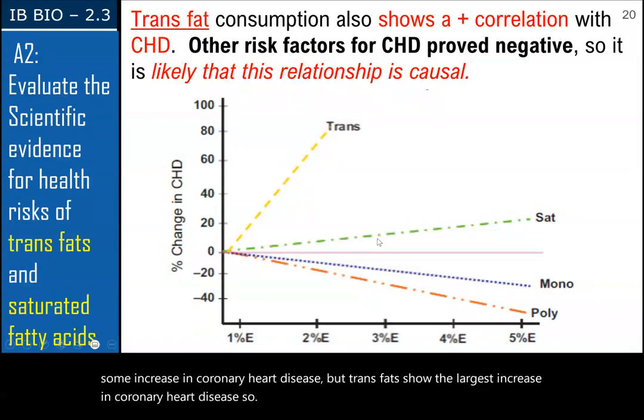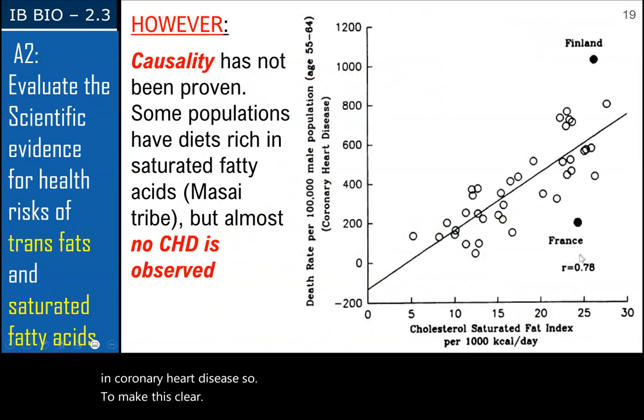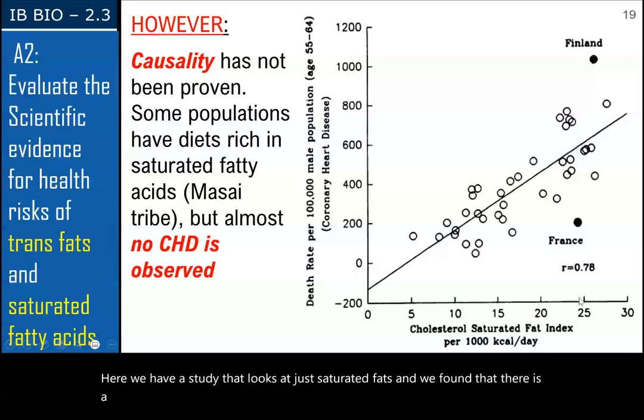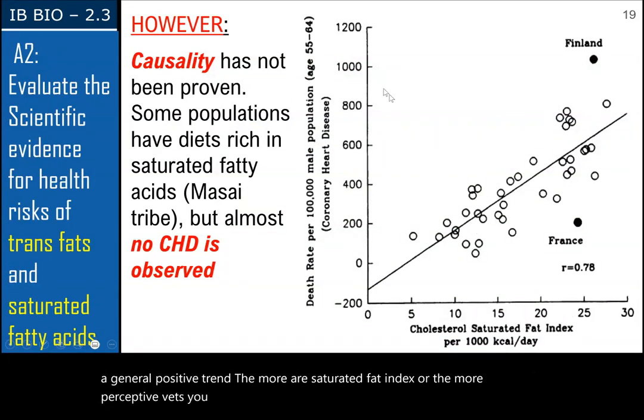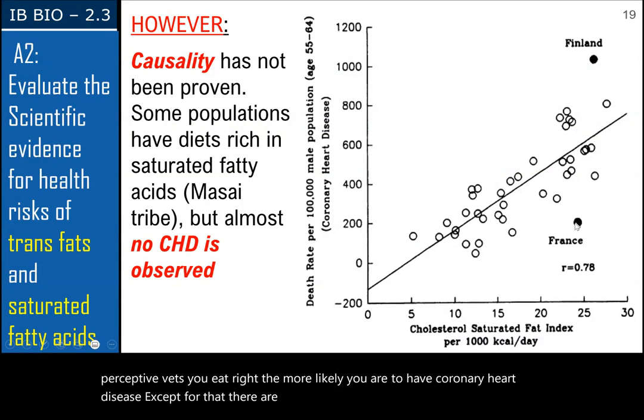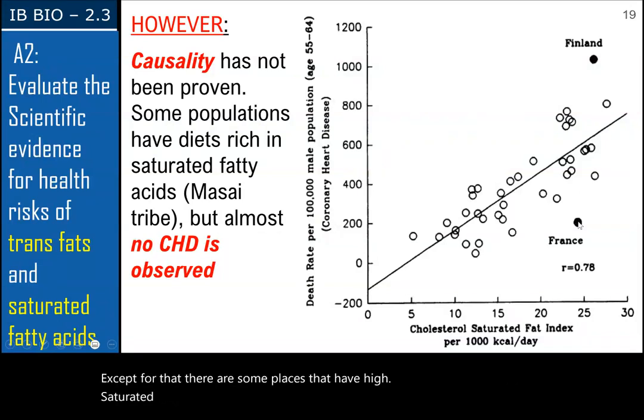So, to make this clear, here we have a study that looks at just saturated fats, and we found that there is a general positive trend. The more saturated fats you eat, the more likely you are to have coronary heart disease. Except that there are some places that have high saturated fat indices, but they don't really have a lot of coronary heart disease.